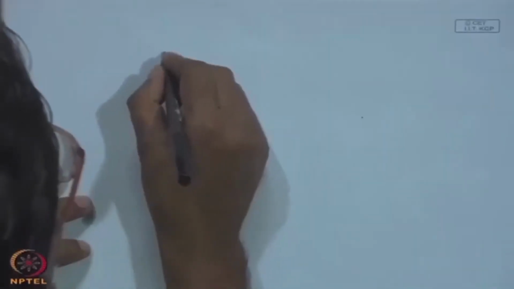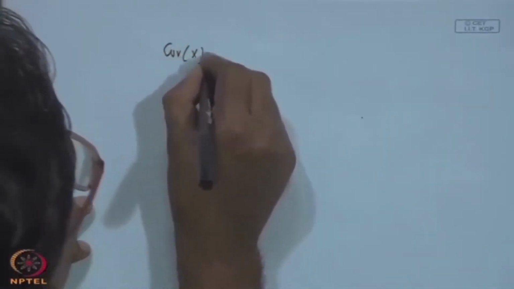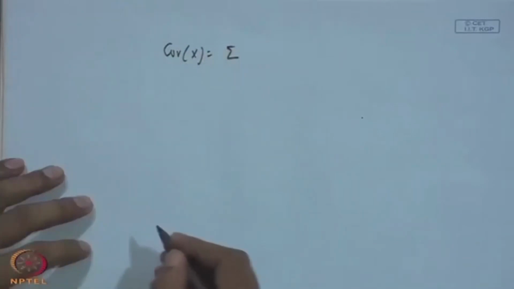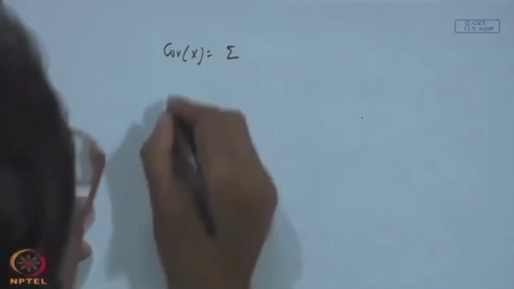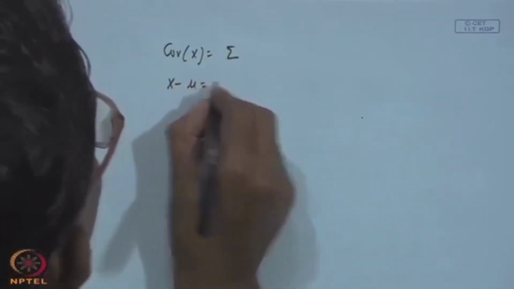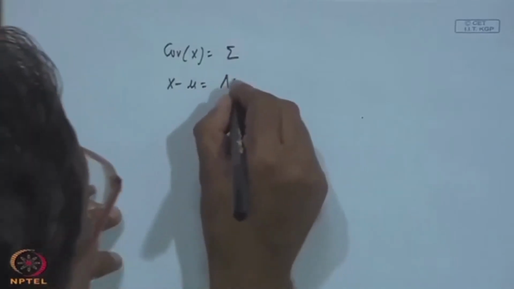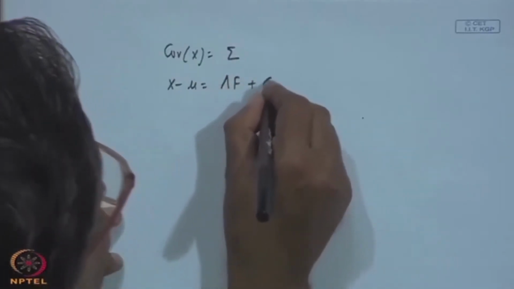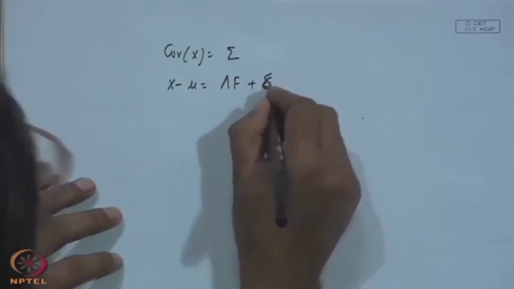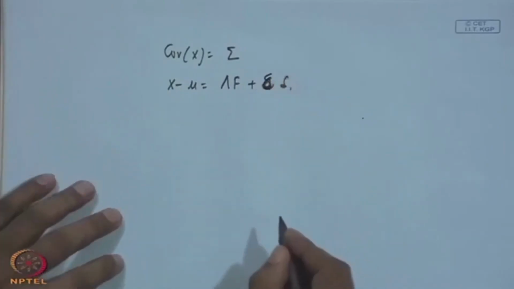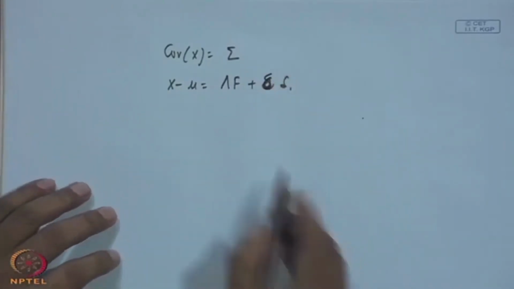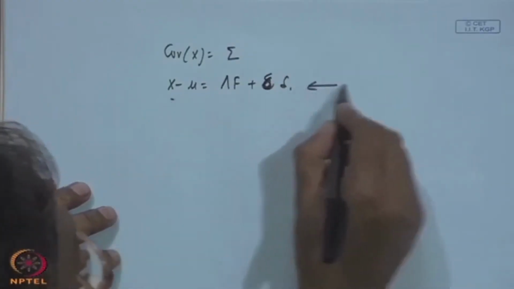We are saying that information is the covariance of x, which is sigma. So, you are creating a factor model which is x minus mu equal to lambda f plus delta. Getting me? This is your factor model.